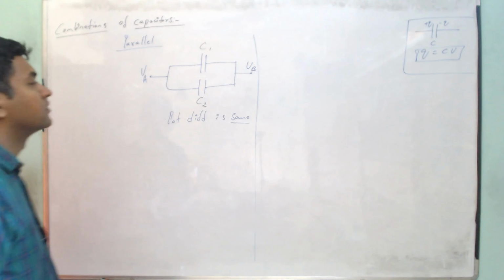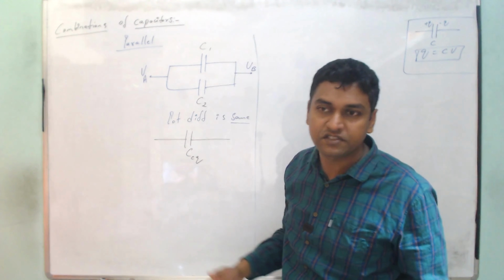Now, what are we trying to do in these combinations? If I have a situation where two capacitors are arranged this way, and I want to replace them by only one capacitor, how much capacitance should that capacitor have so that it replaces this particular situation and the rest of the system feels no different?